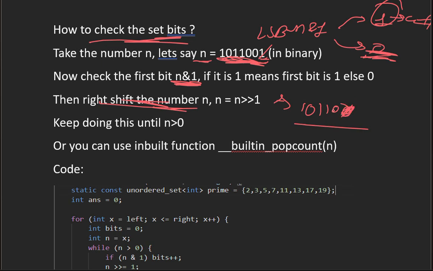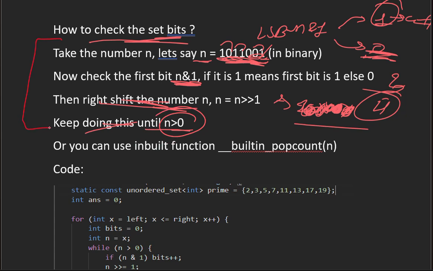Again 0 AND 1 is 0, so again we right shift. 1 AND 1 is 1, so we increase count to 2. Then right shifted, 1 AND 1, increase count to 3. Right shifted, then 0, count remains the same. And then this one, so it is 4. If you notice, there are 4 set bits here. We keep doing this until our n is greater than 0.